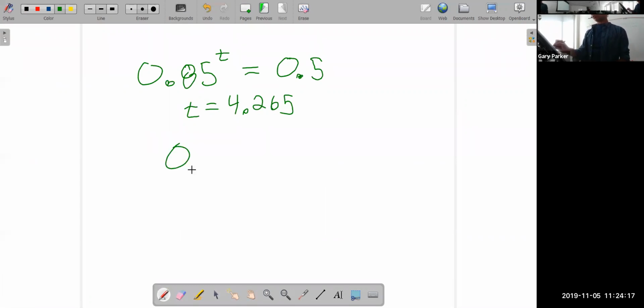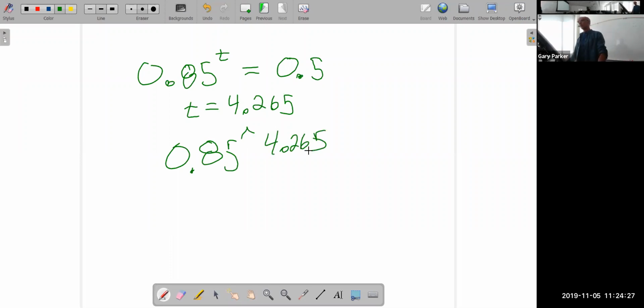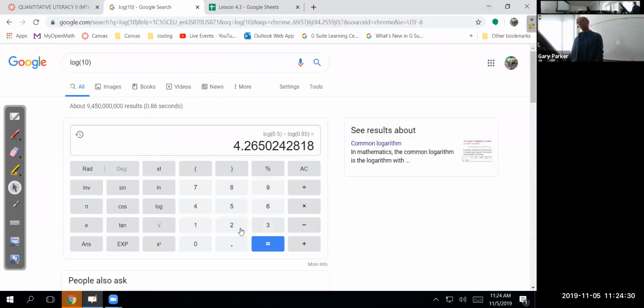According to our calculator, 0.85 raised to the power 4.265 hopefully is pretty close to 1/2. Calculator says, yeah, that's about 1/2. That's not bad. So without logarithms, we cannot solve an equation where the power is unknown.